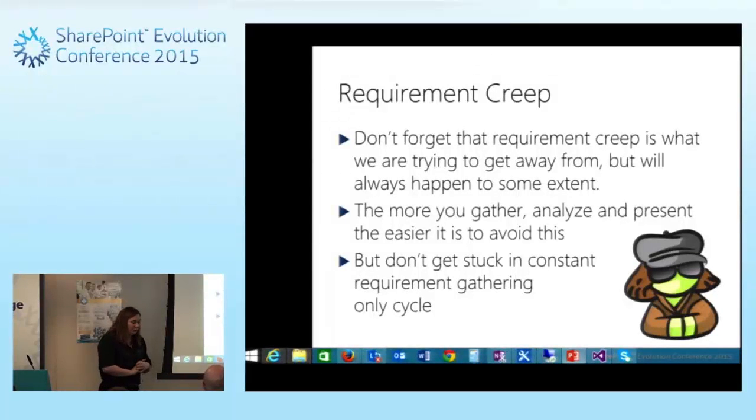This going through the wireframing and the user flows really helps to minimize the requirement creep, because by the time I get to that high fidelity mock-up, and I'm giving them the pretty pictures and the pretty colors and all of that, I've already gone through a lot of the pieces that I need them to talk about and think about, and at that point they really are just doing that. So it starts to minimize this. We never fully get away without it. He's still going to pop up every once in a while, but we can get rid of a lot of it.